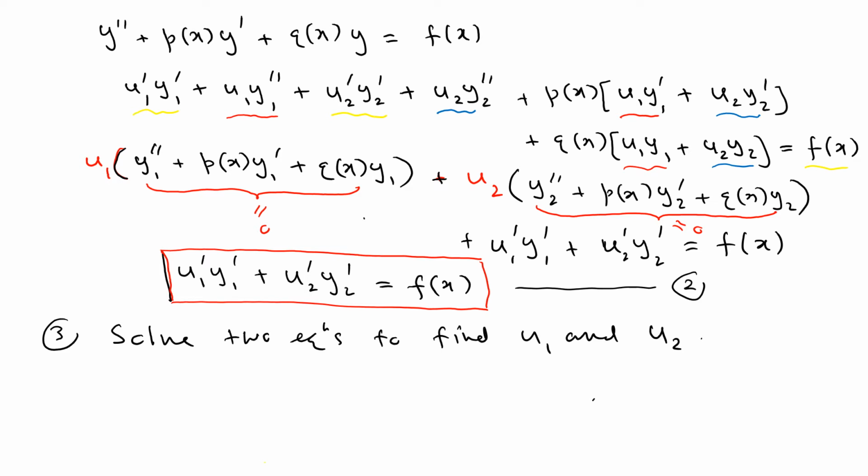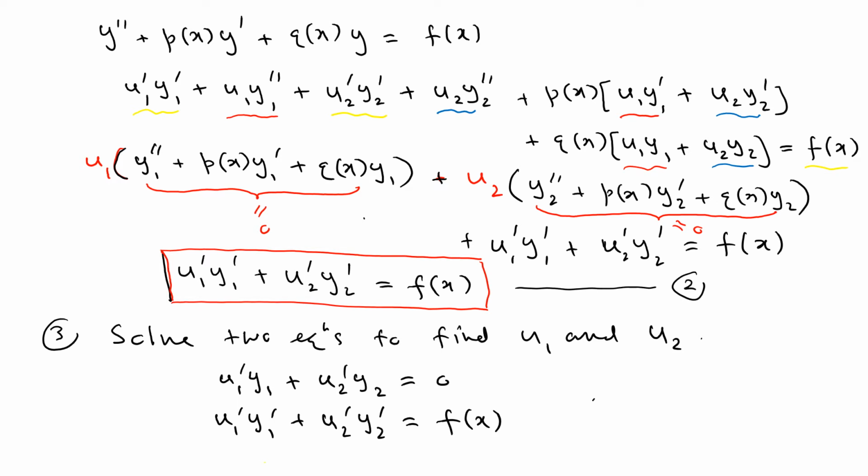So what are the two equations again? The one equation is u1 prime y1 plus u2 prime y2 equals 0. That's one. The other one is u1 prime y1 prime plus u2 prime y2 prime equals f(x).